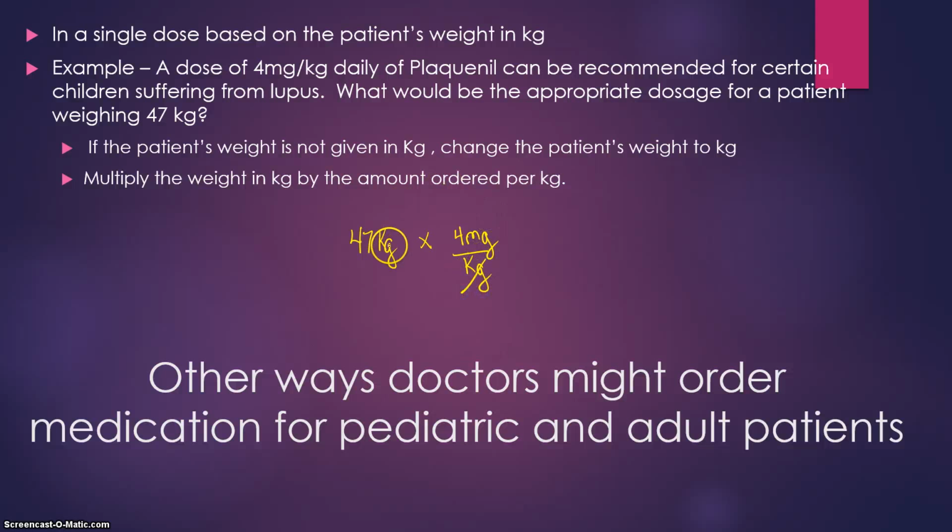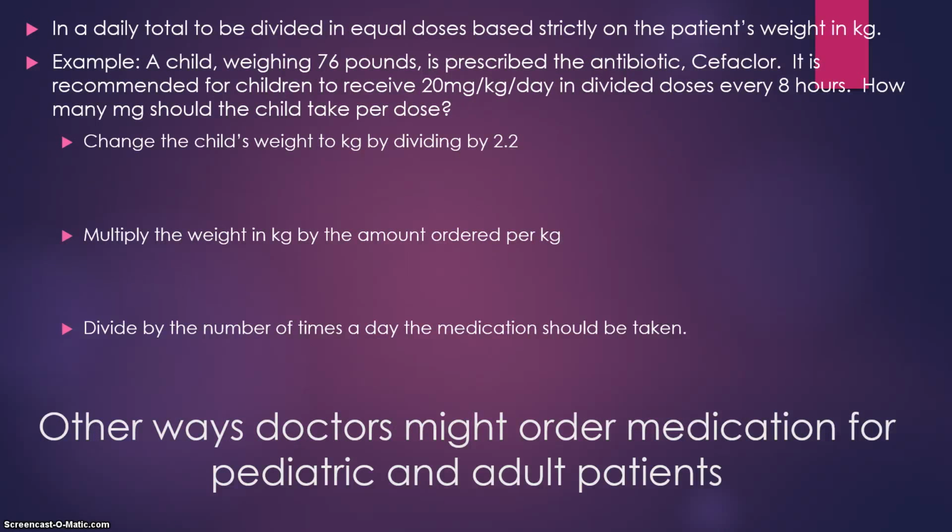And we're able to cancel out kilograms. 47 times 4 gives you what? 188 milligrams. Remember to keep your units. So this is the appropriate dosage for a patient weighing 47 kilograms.